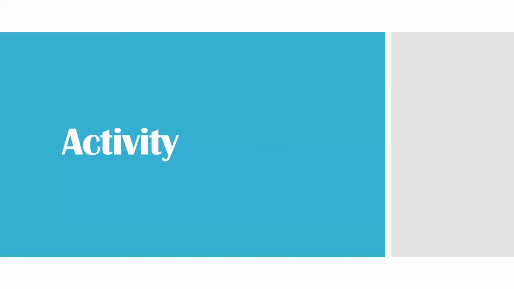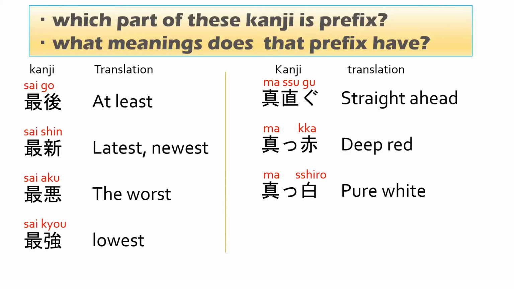Okay, from now on, we will do some activities, so if you need, you can stop the video and think about the answer. Okay, the first quiz is about prefixes. I'd like you to think about which part of the kanji is a prefix and what meanings prefixes have. Okay, you can stop the video here and think about the answer. Alright, here's the answer.